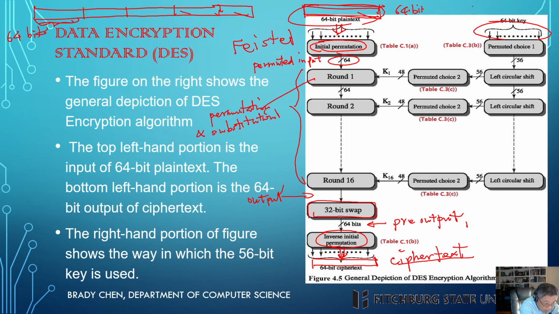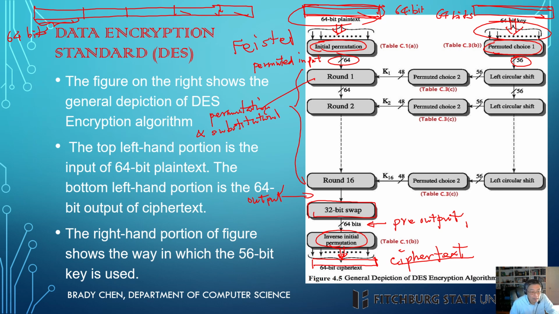Initially, we input the key as 64 bits, and it passes through permuted choice 1, a one-time process that reduces it to 56 bits.